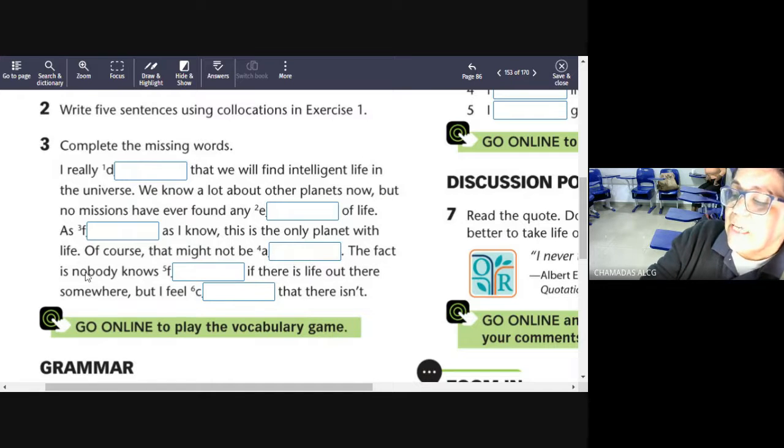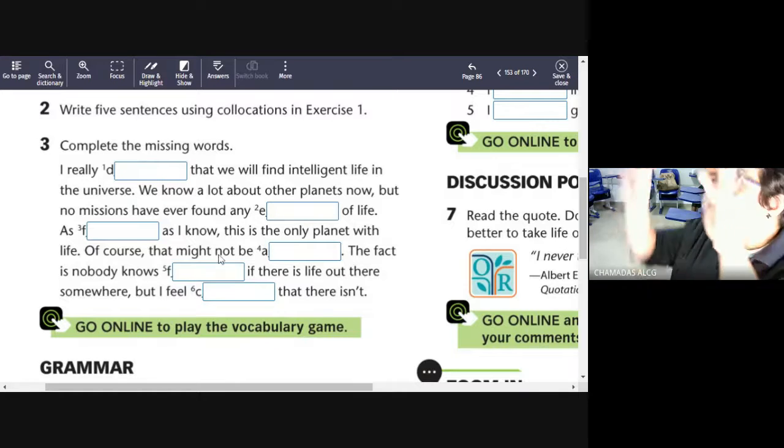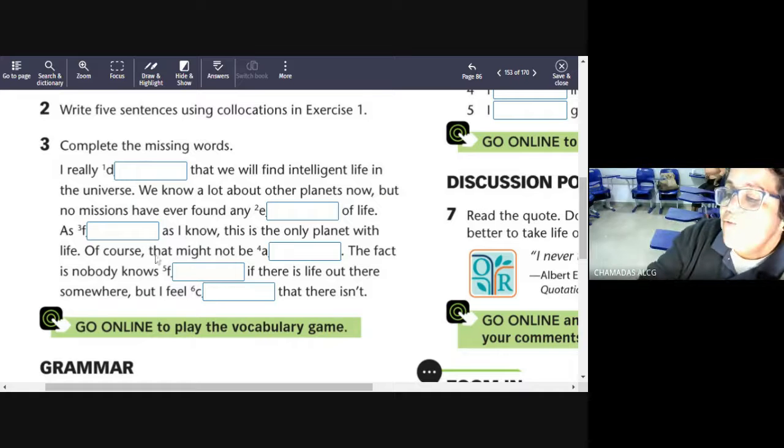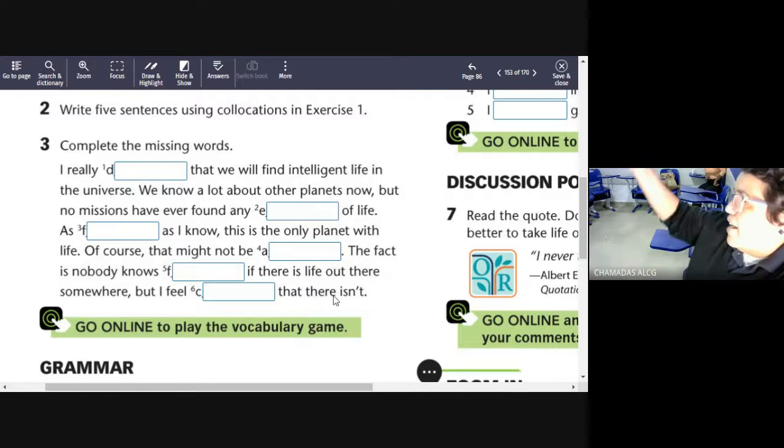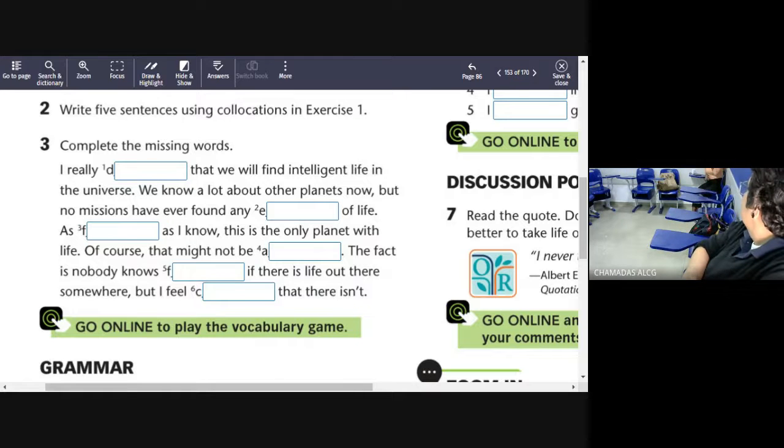The fact is, nobody knows if there is life out there somewhere. But I feel that there isn't. So, according to this person, is there life out of our planet? No.